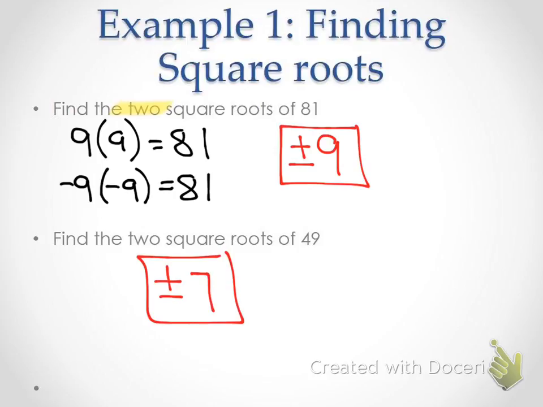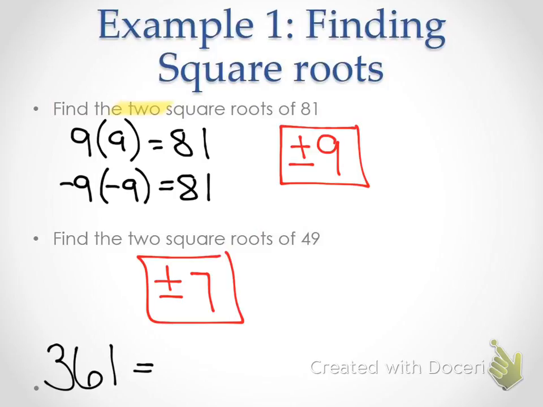So now I want you to find the 2 square roots of 361. So this one's a little harder. We can't really do it in mental math, but we can use what? Our calculators to find the square root.